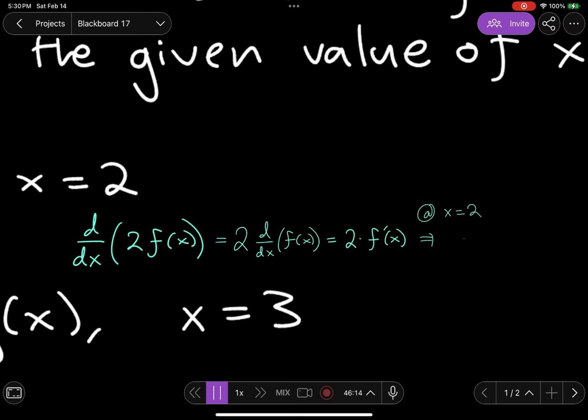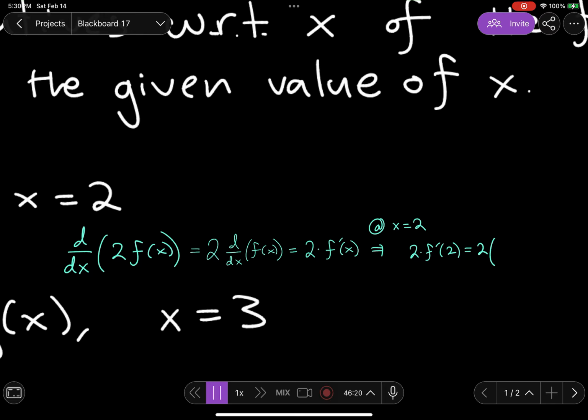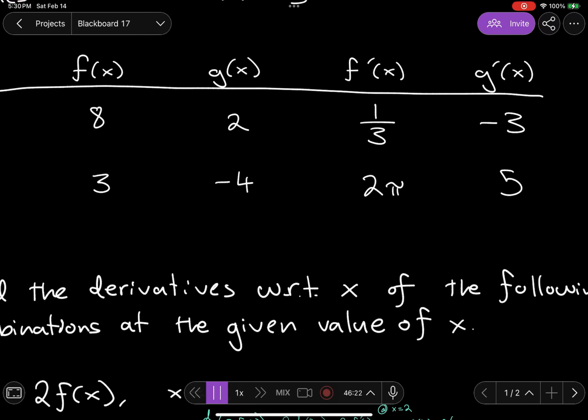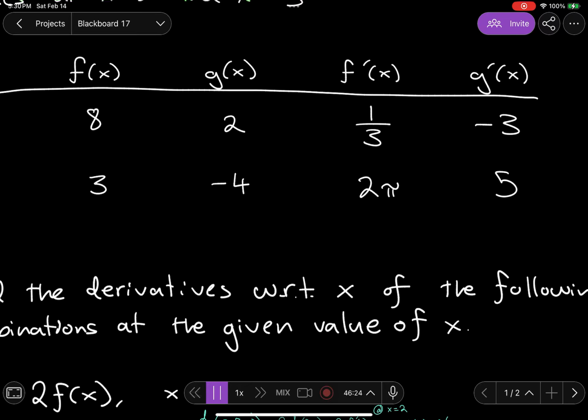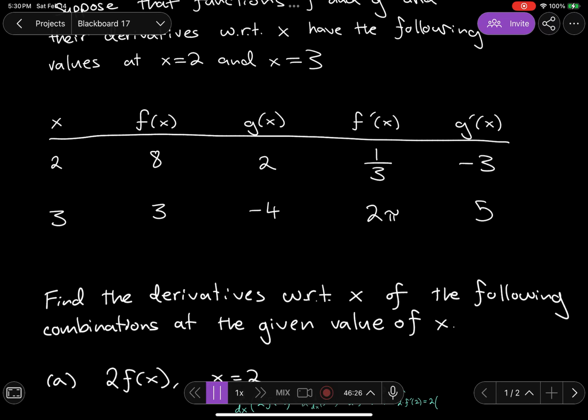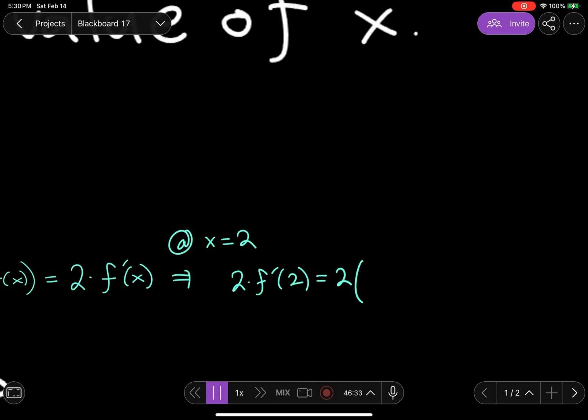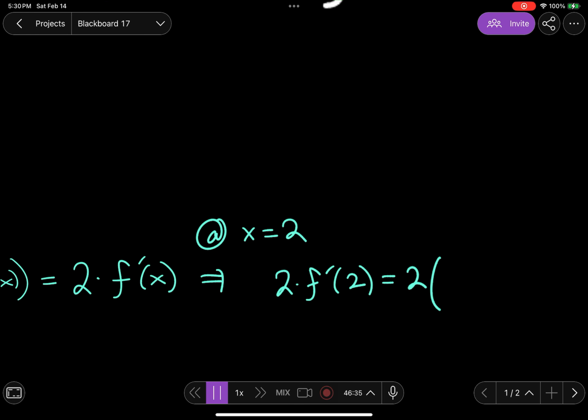This will take us to 2 times f prime of 2. But what is that equal to? I just have to read the chart. F prime of 2 is going to be 1/3. Final answer, 2/3. Easy peasy.